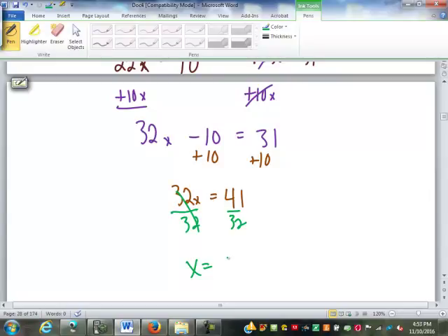I don't know why I froze up there. But, or, let's say I want to leave that as a fraction. I can treat this division as though it is just a fraction. 41 over 32, I can take out one whole item with 9 pieces left over. So 1 and 9/32 if I want to leave it as a fraction. What do you think?